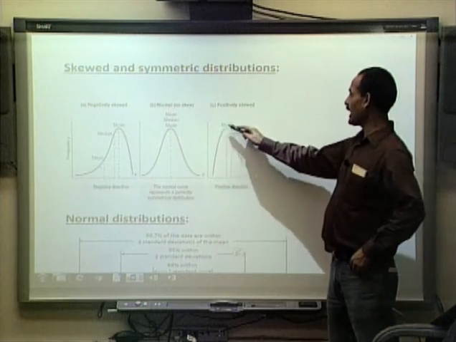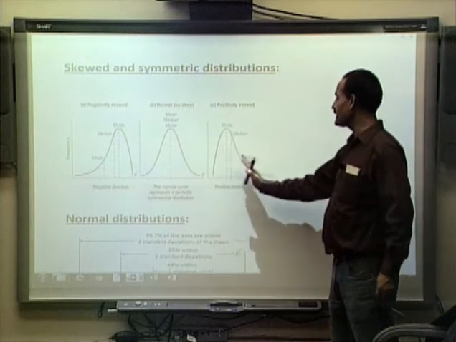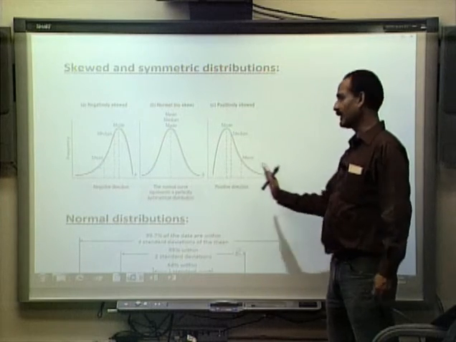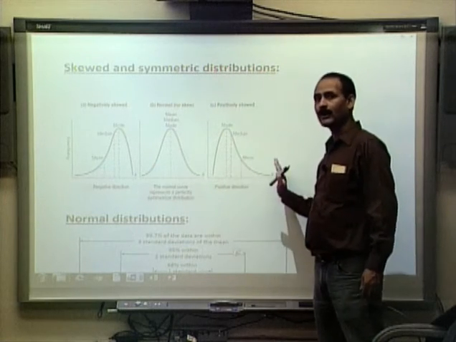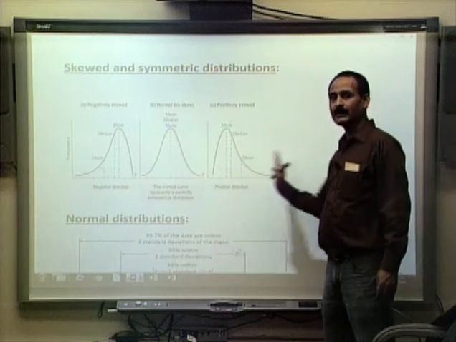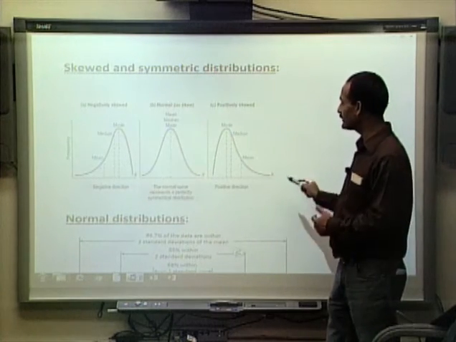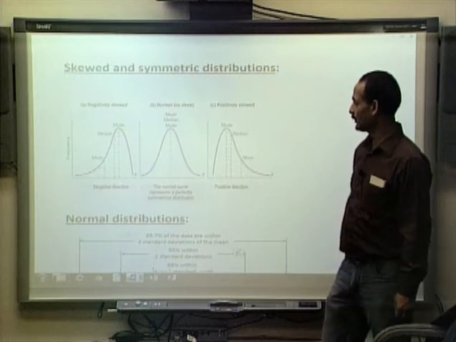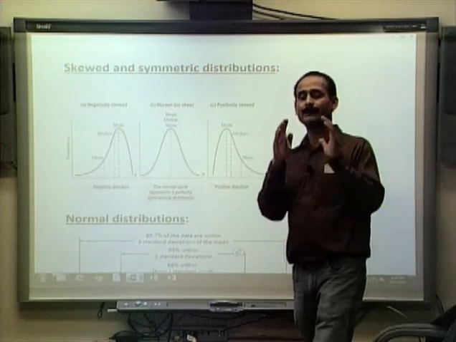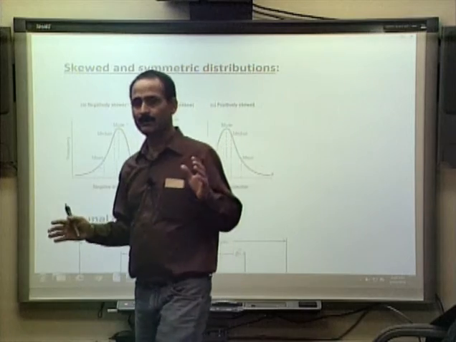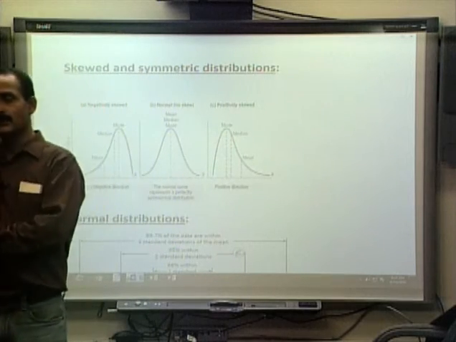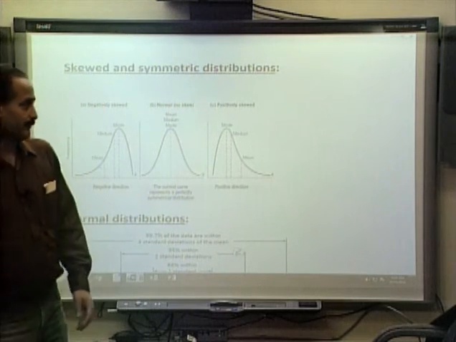And if the histogram looks like this, where the right tail is a lot longer than the left tail, this is called right skewed or positively skewed. So we can have 3 different kinds of shape: symmetric, right skewed, or left skewed.